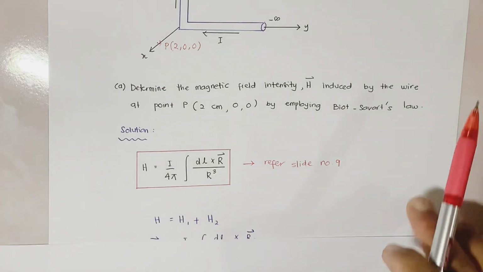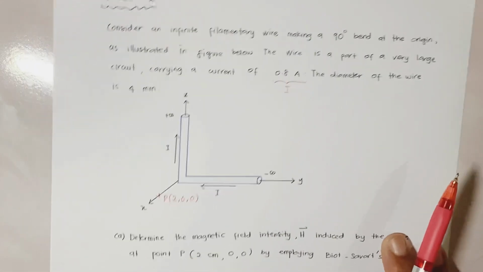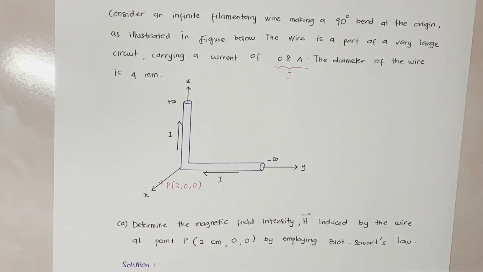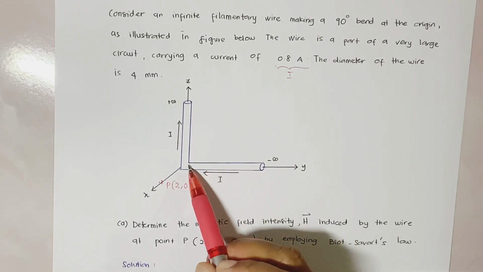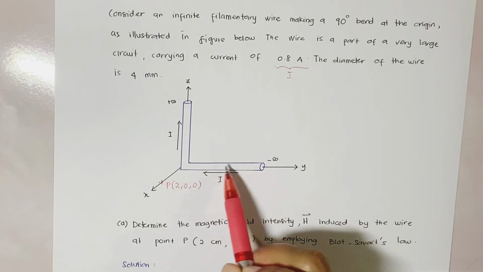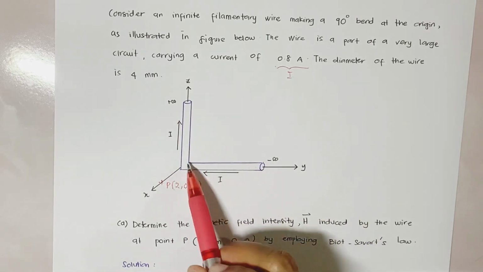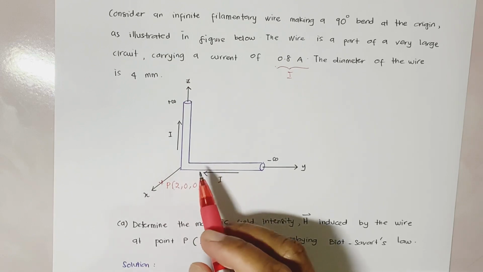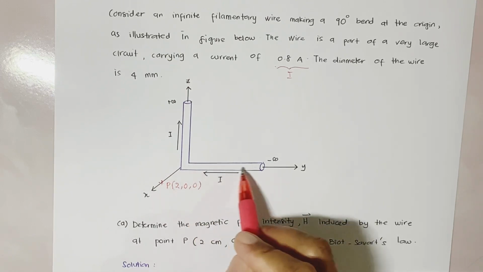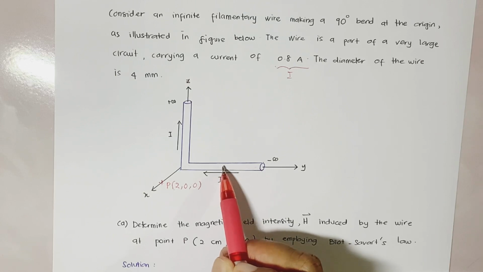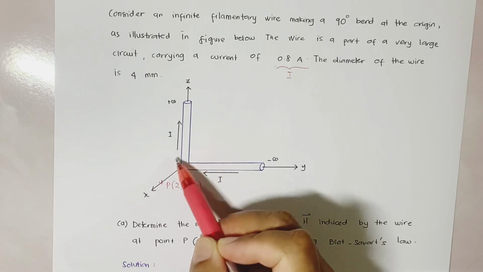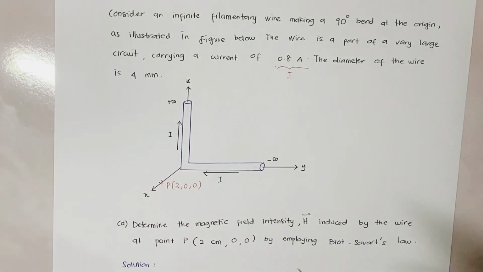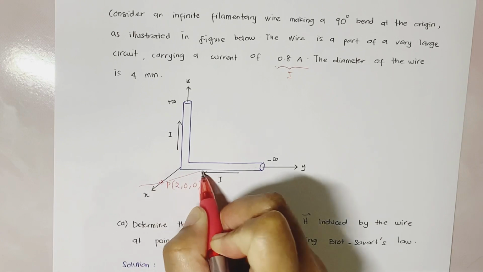If you refer to the figure here, H1 is from the first part of the conductor. Actually, this is only one conductor and it is bent at 90 degrees. So we need to find the magnetic field intensity from this part to this point, and then from this part to this point.